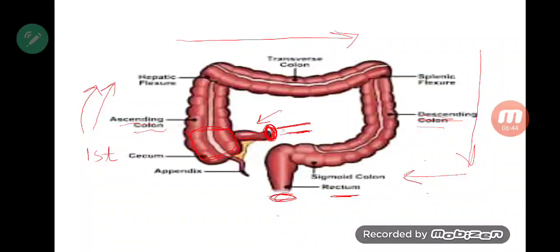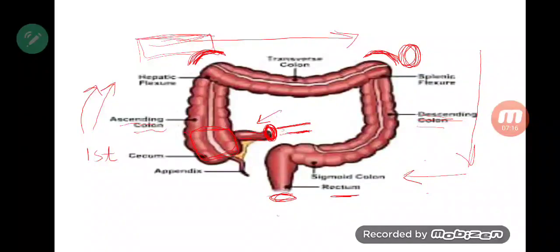We have here a flexure, and we have here a flexure. This area is for the spleen, so it is called the splenic flexure. And here we have the liver, so it is called the hepatic flexure.